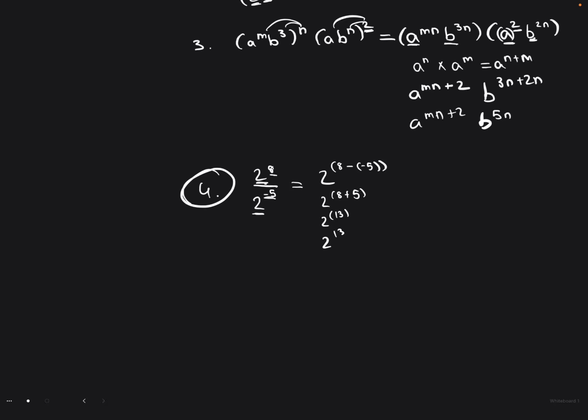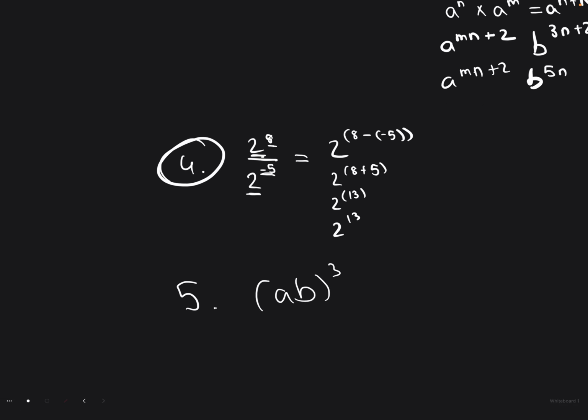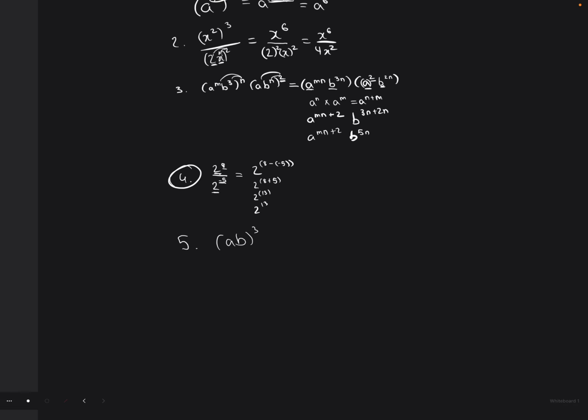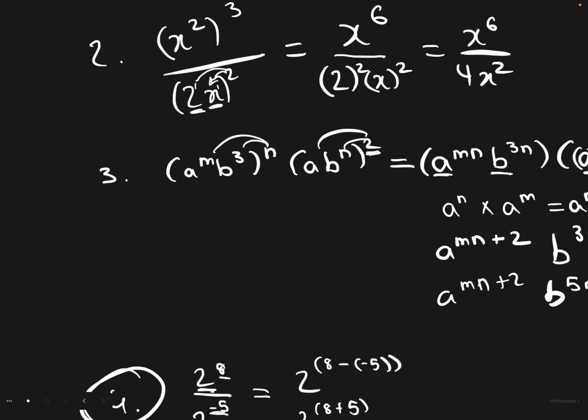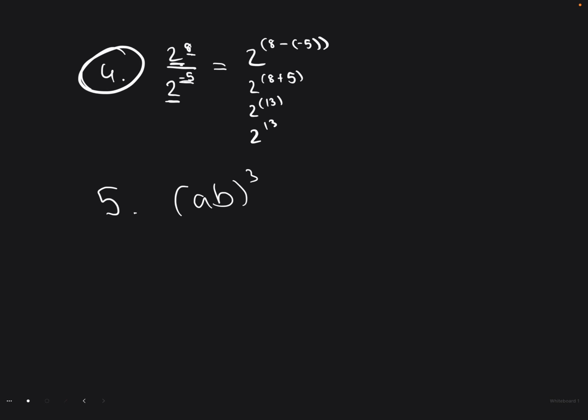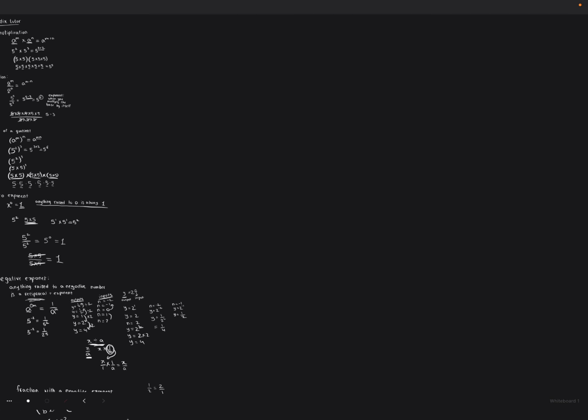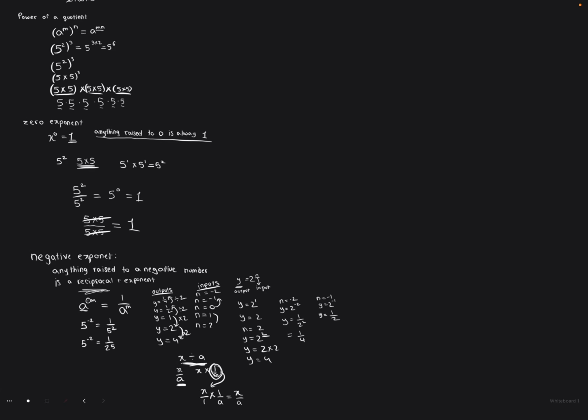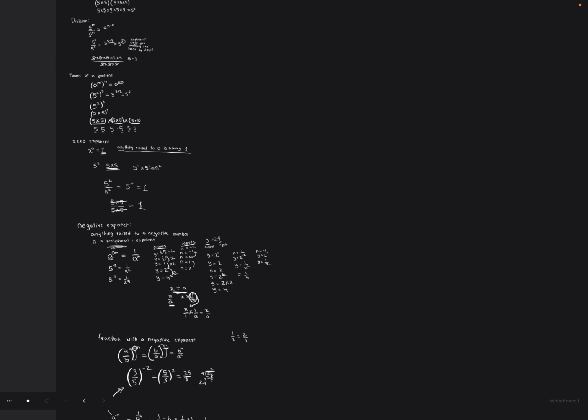Another question we can try is this. Yep. So to solve such questions like we did here, we would apply the power of a quotient law, which is up here.